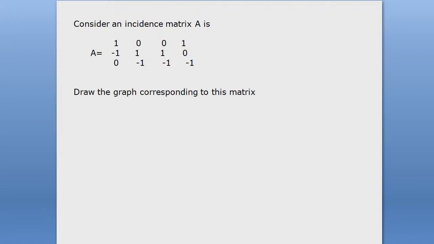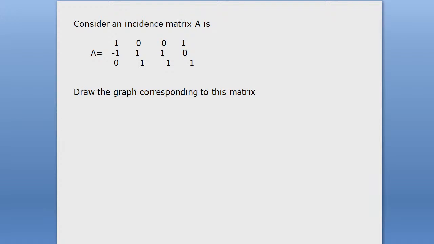Everyone knows the steps involved to determine an incident matrix from a graph. In the last class we have discussed it. The first step is to calculate the number of rows, which will be equal to the number of nodes, and the number of columns, which will be equal to the number of branches.